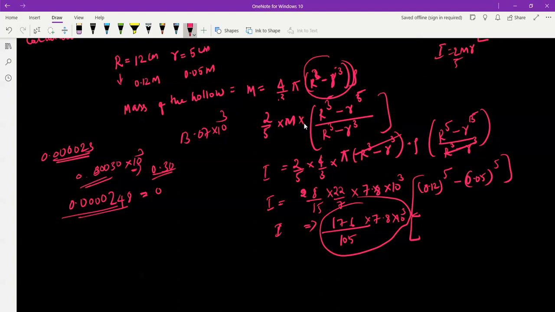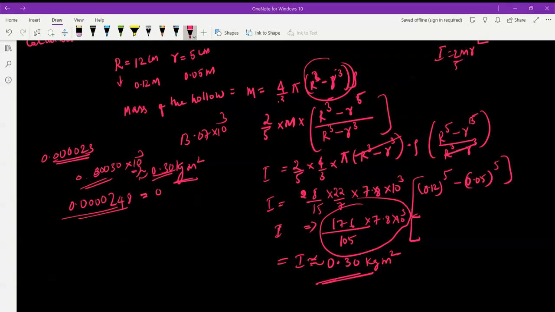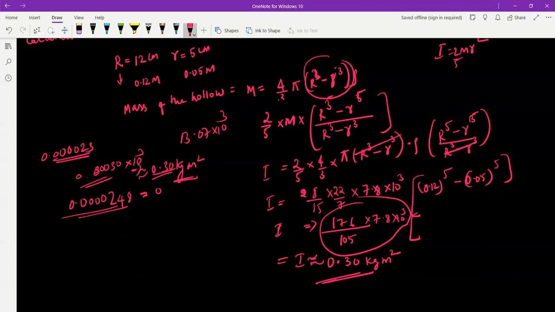So approximately 0.30 is the correct answer, in kg meter square. So this whole answer comes out to be I equal to approximately 0.30 kg meter square. Fine.